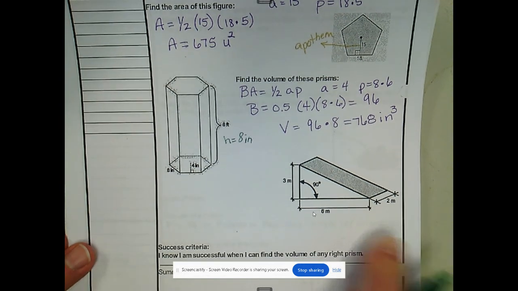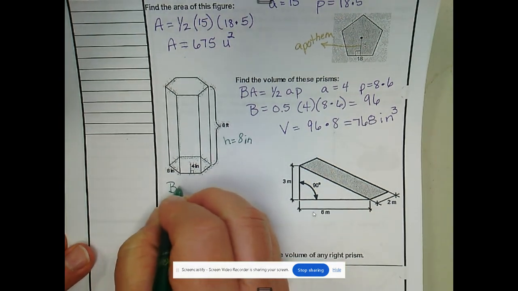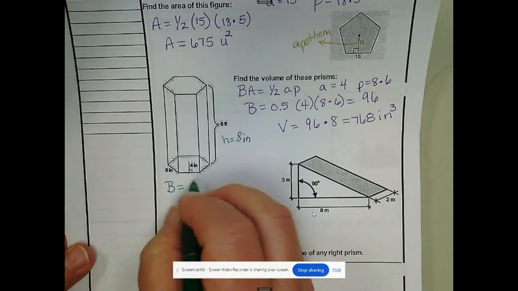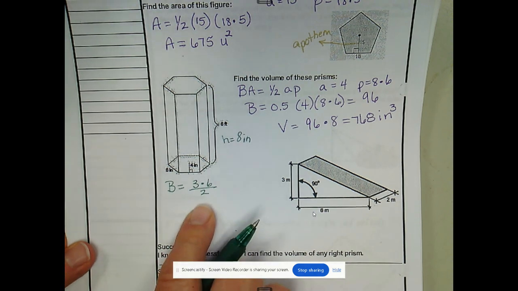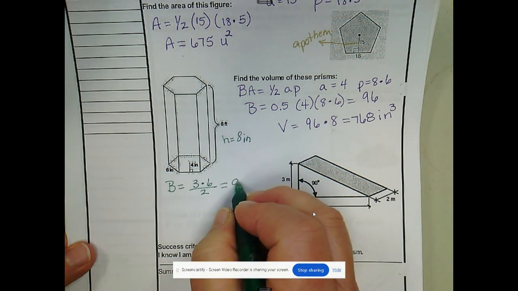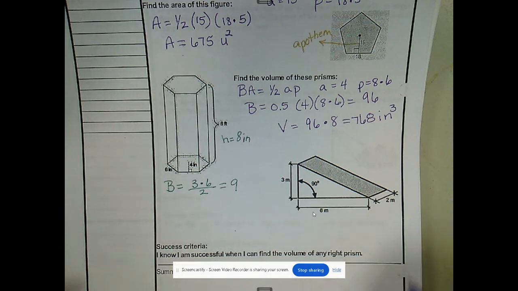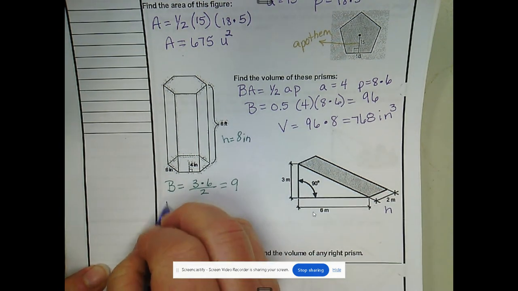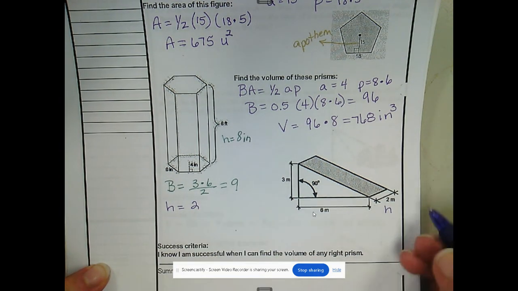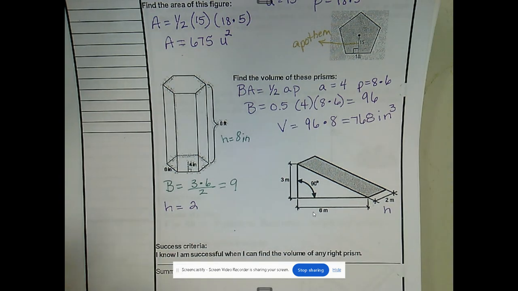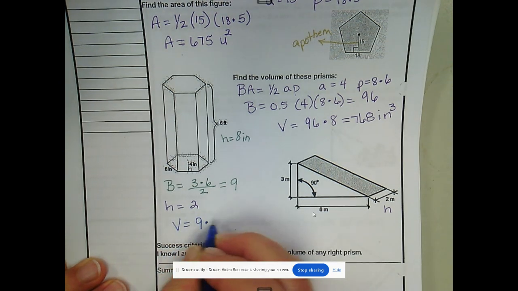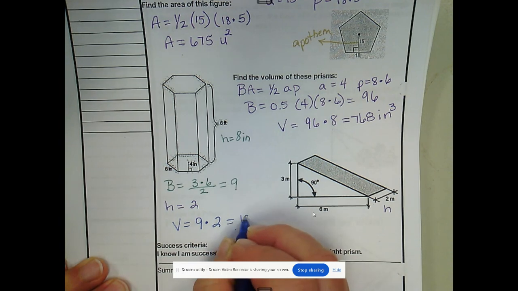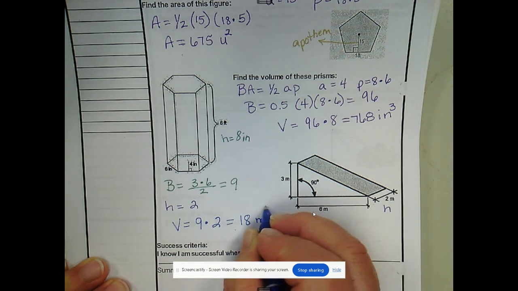So let's find our base area first. 3 times 6 divided by 2. 18 divided by 2 is 9. Our height is 2. That's the length from front to back. So our total volume is 9 times 2, which is 18, and this will be meters to the third power.